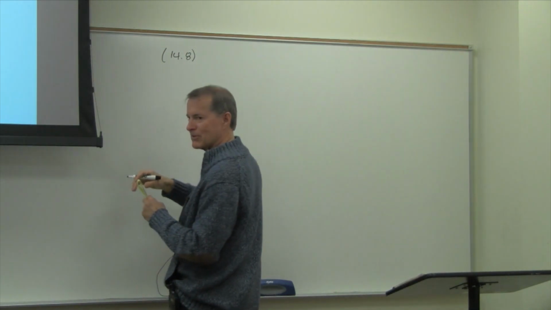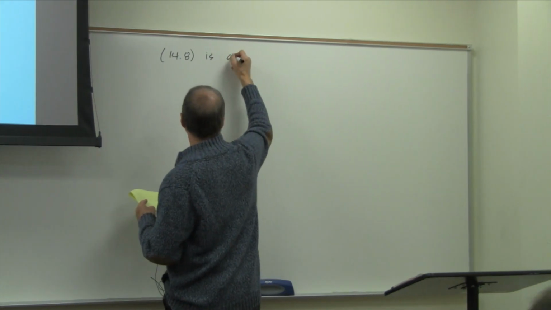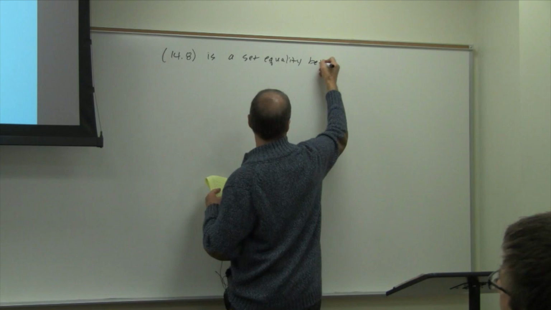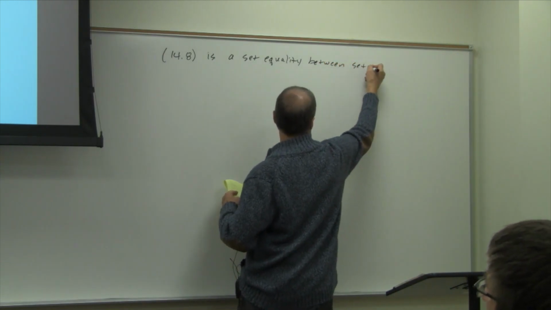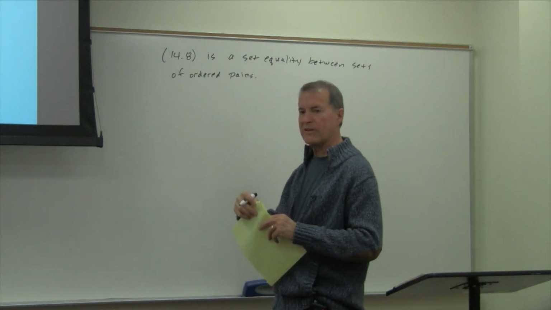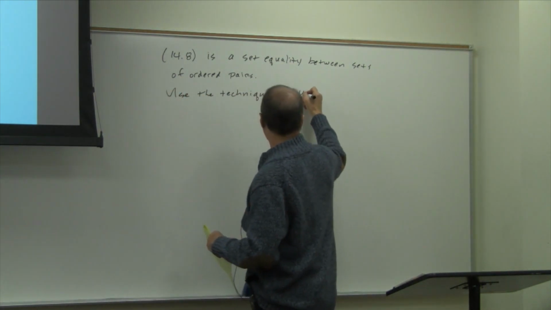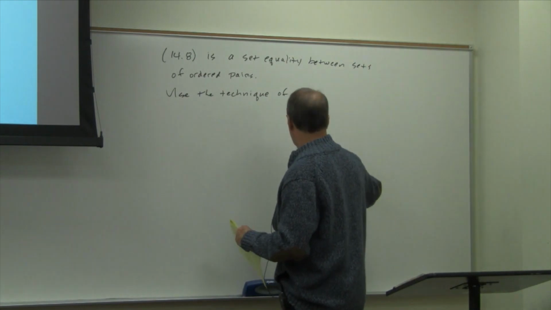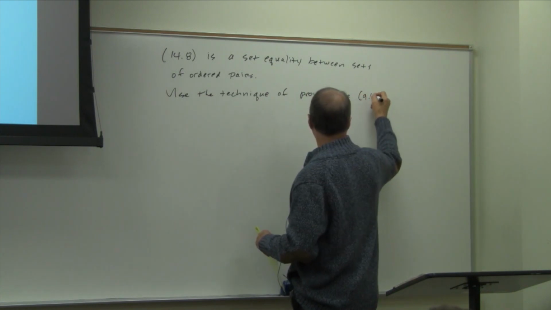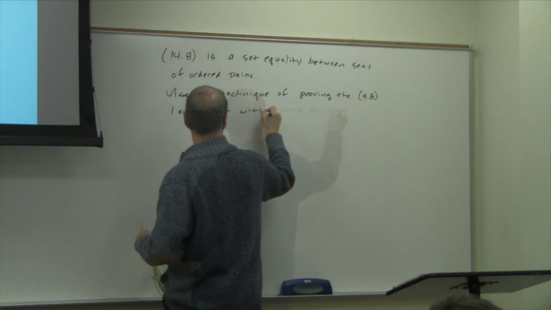So 14.8 is a set equality between sets of ordered pairs, and what you do is use the technique of proving the 9.8 lemma, but with ordered pairs, all right?